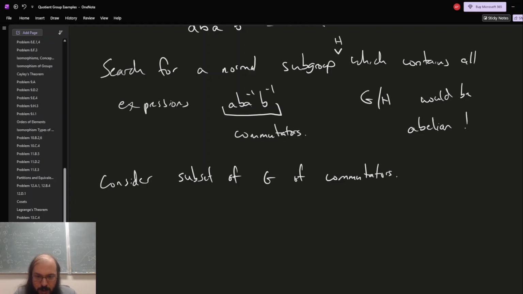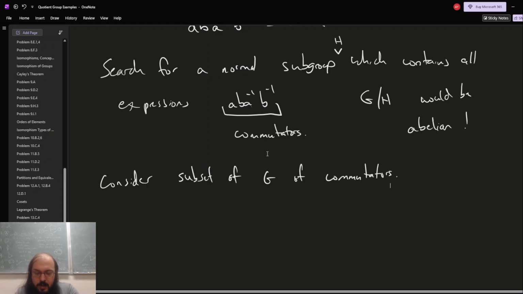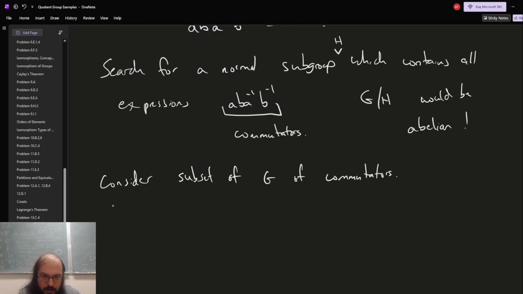It turns out that this is actually already a perfectly good normal subgroup. We just need to unravel a little bit to see why this is the case. So, for example, the identity element is a commutator.